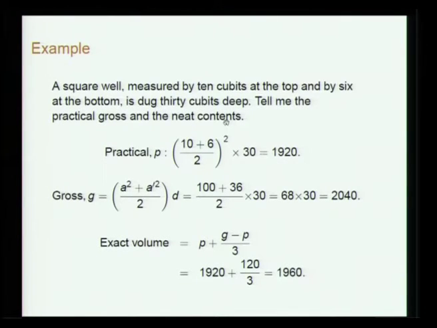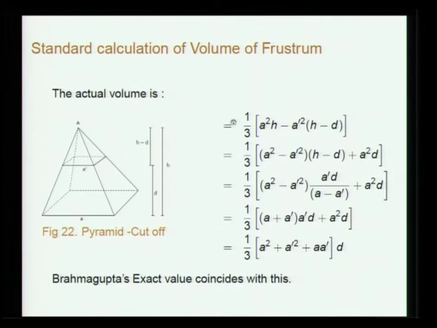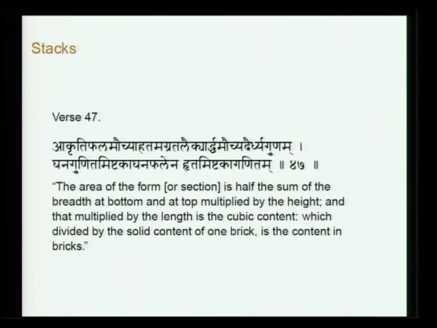From this you have to subtract the top volume, that is A prime squared is the area and H minus D is the height. If you subtract this, then you will get 1 by 3 A square plus A prime square plus A prime into D. So, Brahmagupta's exact value coincides with this.